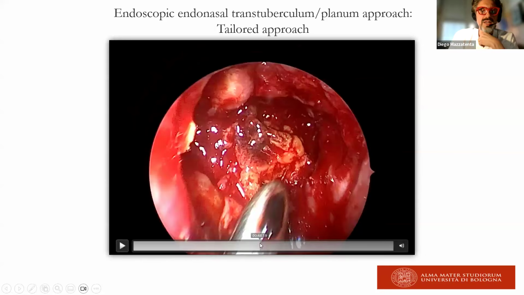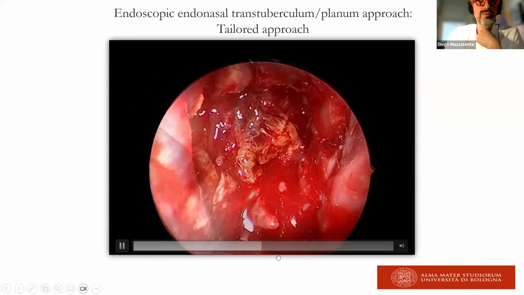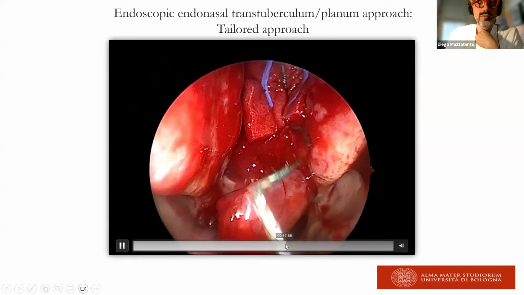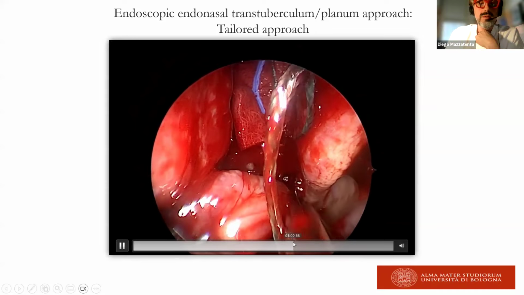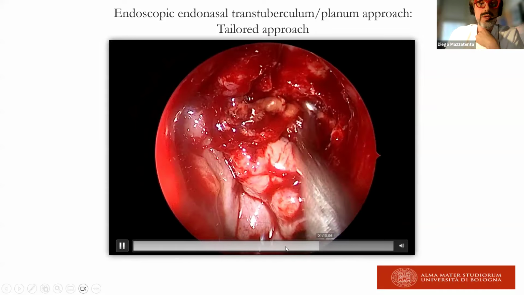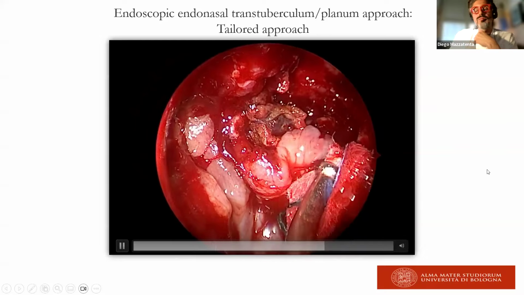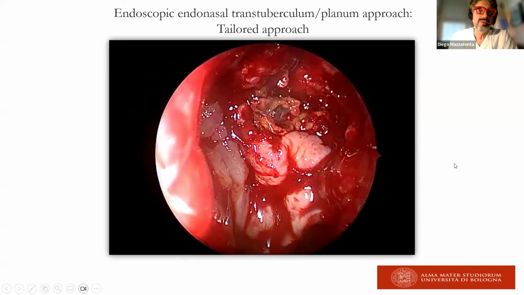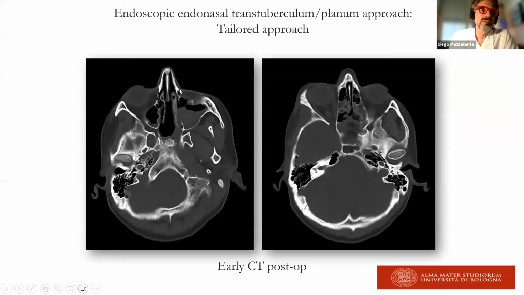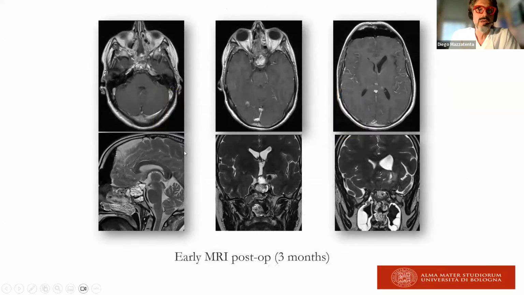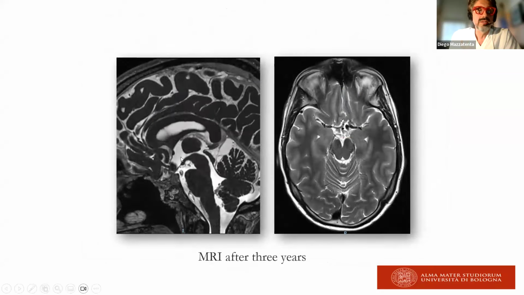And we put finally, sorry, we had some problem with the clip. And we put finally the pedicle flap of the nasal septum. As you can see, we also preserve the middle turbinate and the ethmoidal box. It's really minimally invasive surgery in this case. And this was the result. As you can see, the fat intradurally, extradurally, and the tumor removal. And this is the control after 3 years.